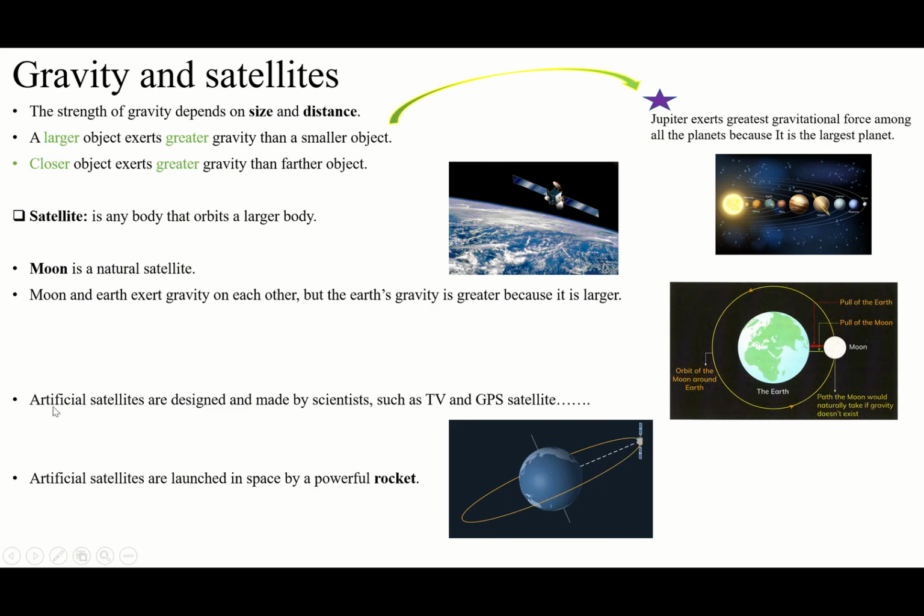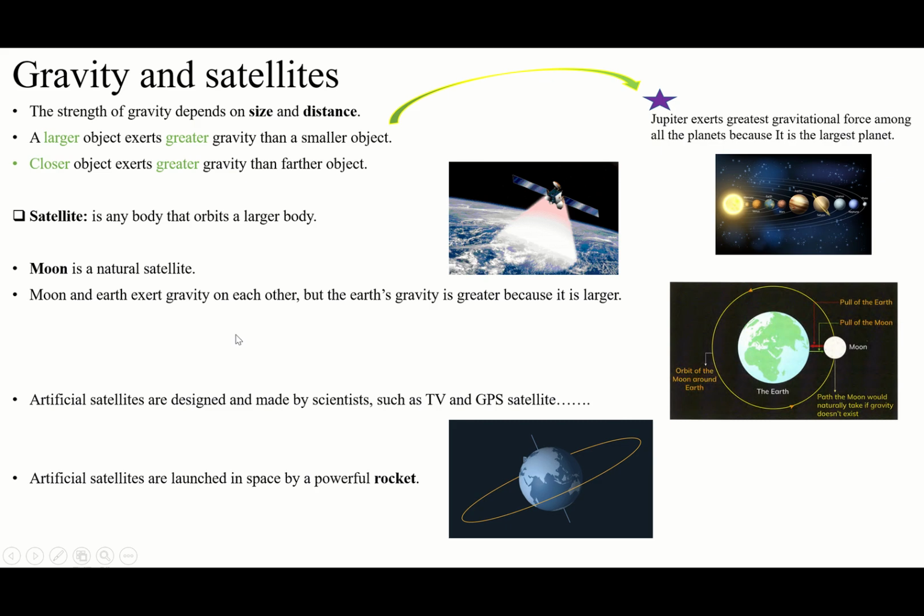Scientists make the artificial satellite to send it to space and send back information. But how should they send the artificial satellite to space? By a rocket. They will launch the artificial satellite in space by the rocket, as we said.